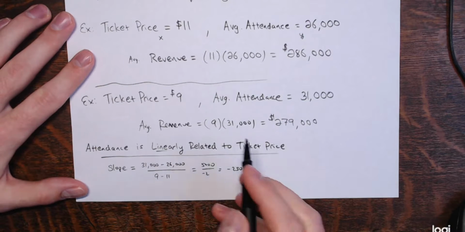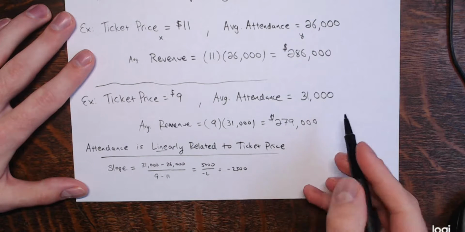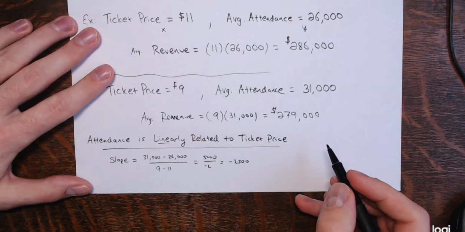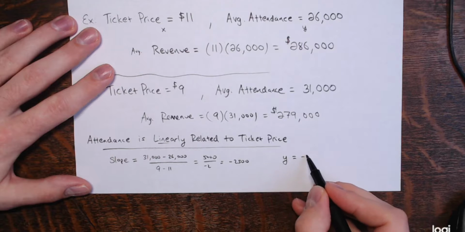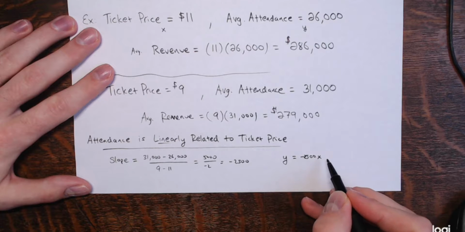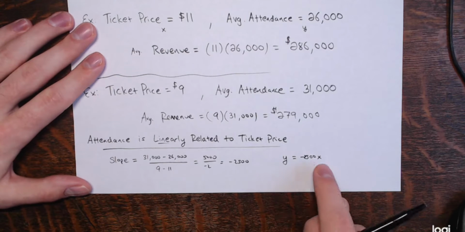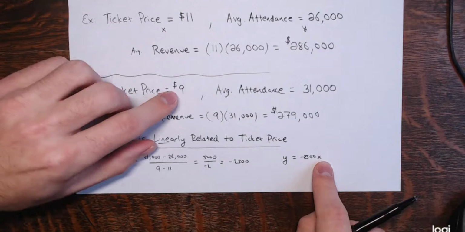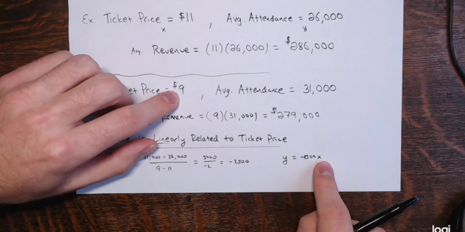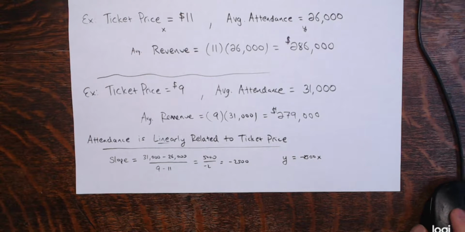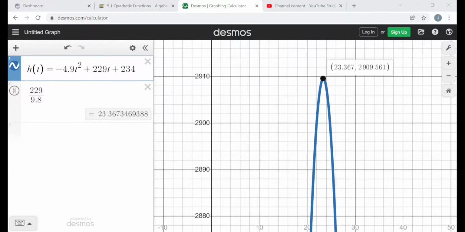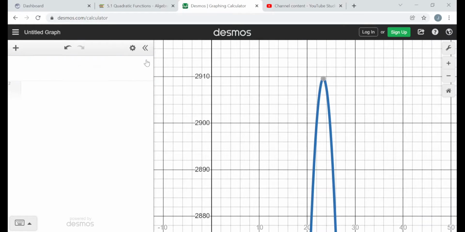And let's use the point 9, 31,000. So we got attendance equals negative 2,500 times ticket price plus something. Now, negative 2,500 times 9 would be negative 22,500, I'm pretty sure. I'm just going to pull up a calculator.